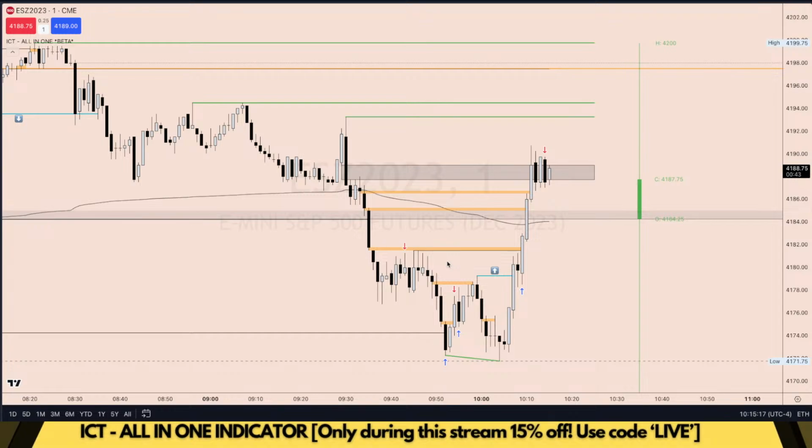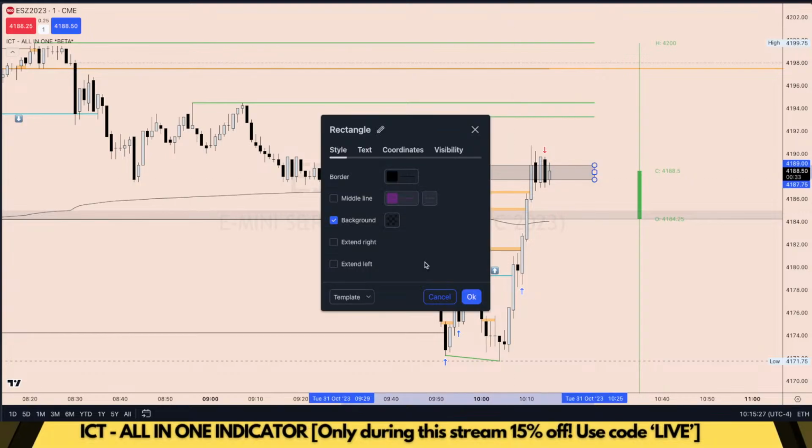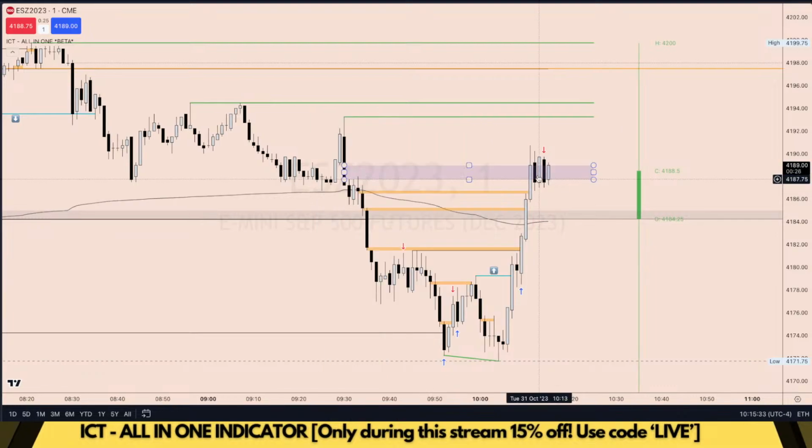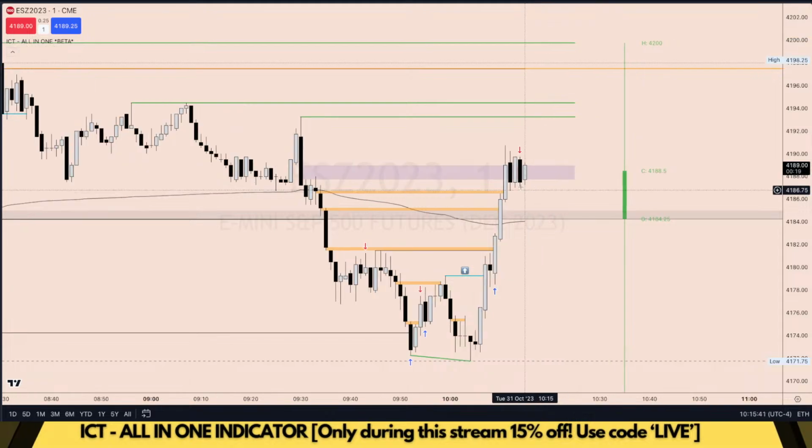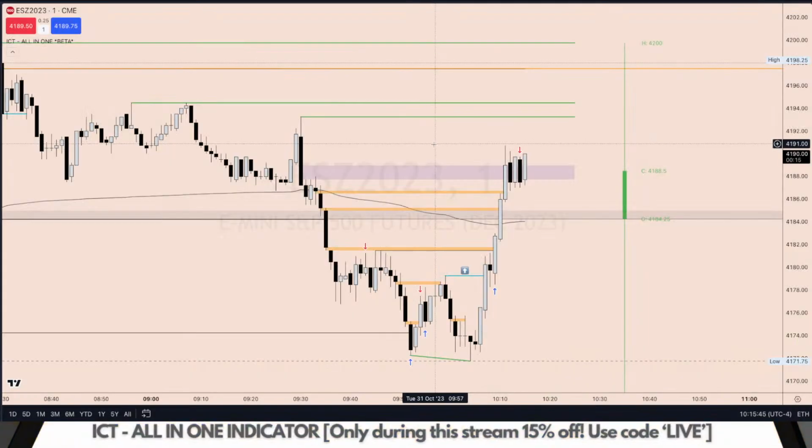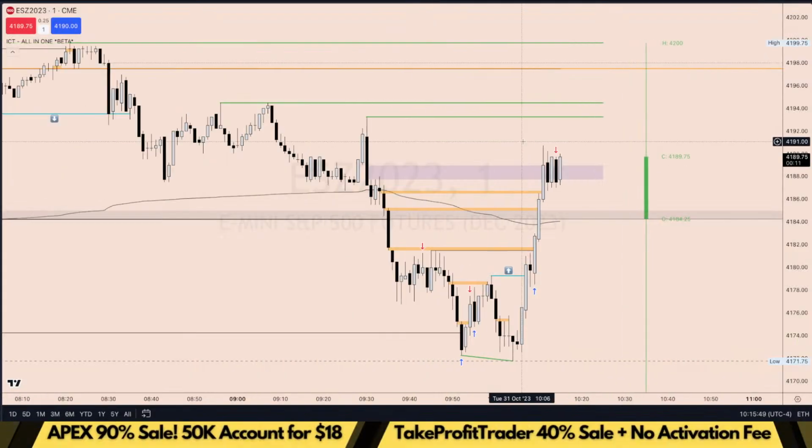Consolidate around this area. So theoretically, because we closed above it, right here on the 1 minute time frame, with this candle we would expect support, but we immediately closed below it. So this might just be a little bit of a consolidation below buy side, which most of the time ends up delivering price into buy side liquidity.